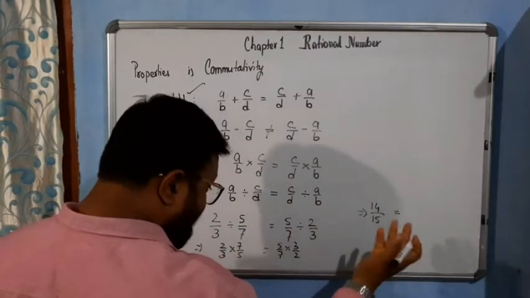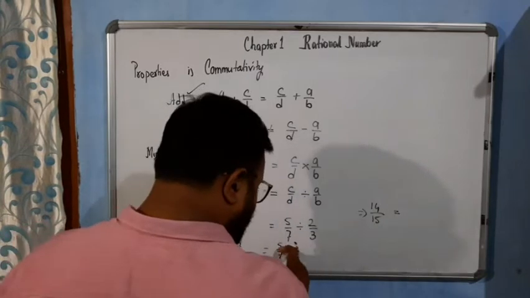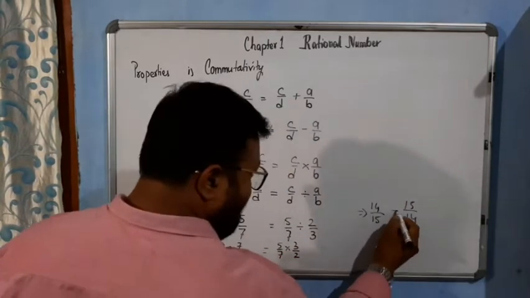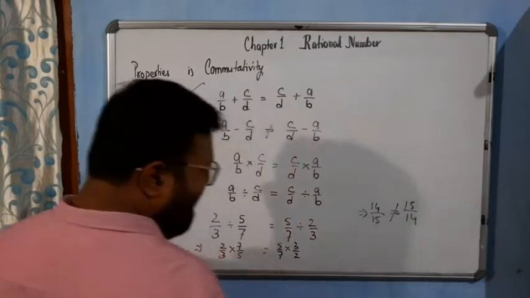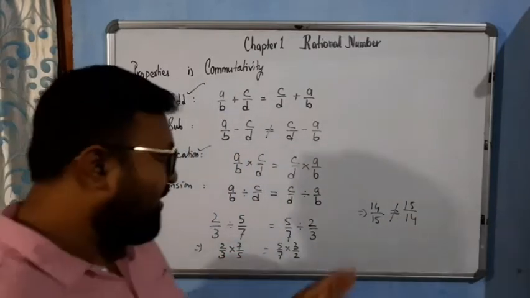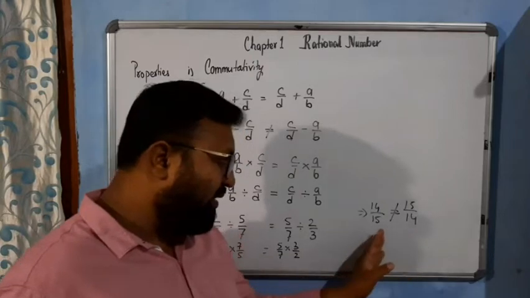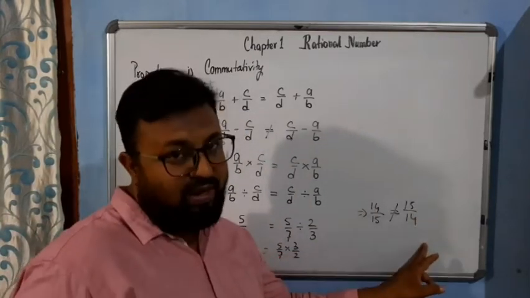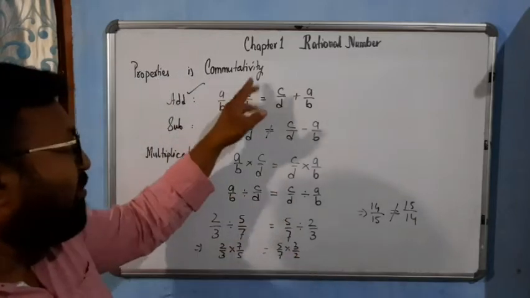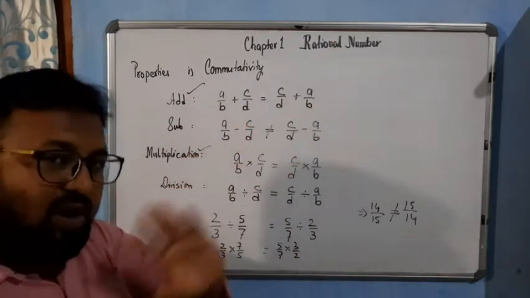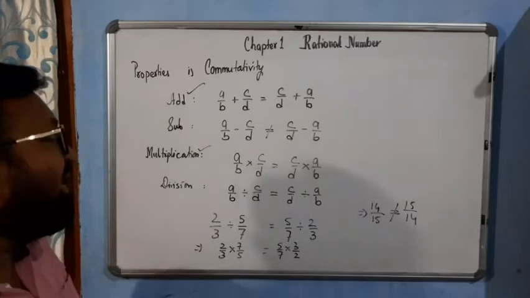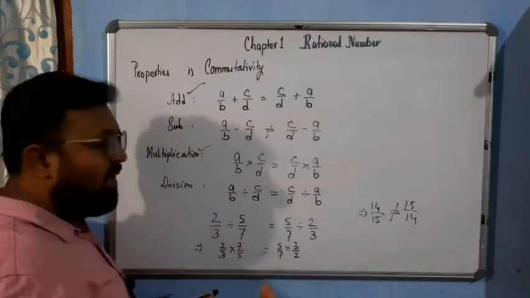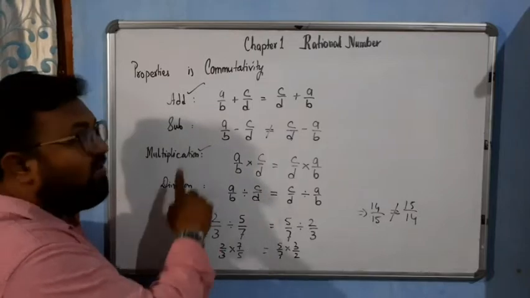Let's see whether it is equal or not. 5/7 × 3/2: 5 threes are 15, and the answer is 14. So we clearly say that the left hand side is not equal to the right hand side, because on the left hand side we are getting 14/15, on the right hand side we are getting 15/14. So in the commutative property, rational numbers are not closed under division. So we can say that commutativity is not applicable in case of division for rational numbers.